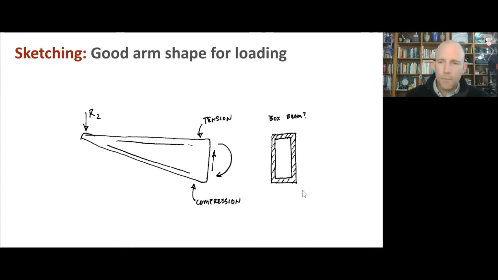Why a box beam instead of an I-beam in this case? Well, the way I think about it is there are two good reasons. One is that our 3D printers are pretty good at box beams, and they like to print things where you have a shell with a small amount of infill, so it's compatible with the manufacturing process that we're using.